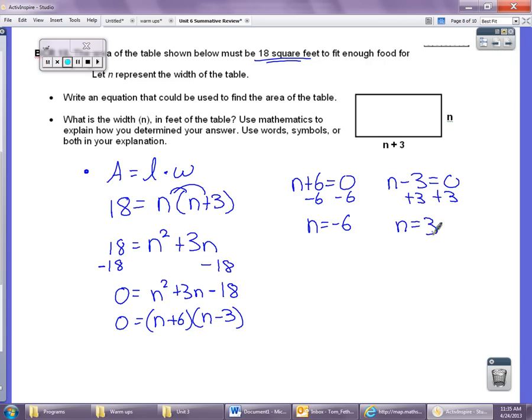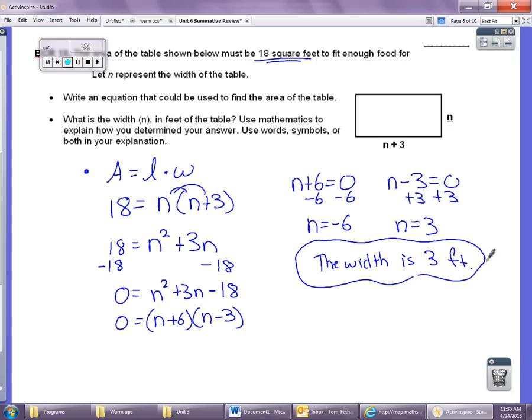Now we have answers of negative 6 and 3, but it asks us for the width. The width cannot be negative, so the width can only be positive 3 feet. If you write your sentence out, you will notice that negative 6 is not going to make sense.